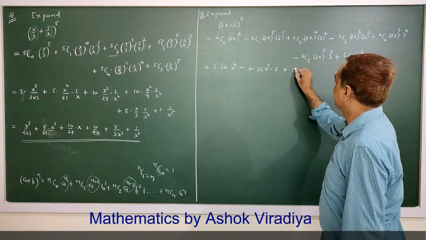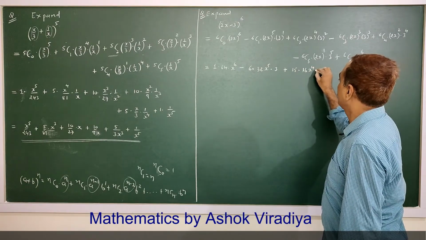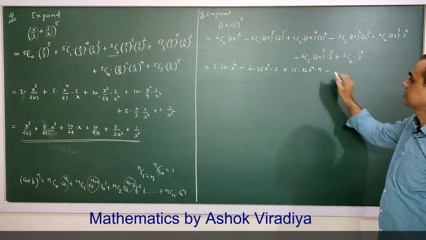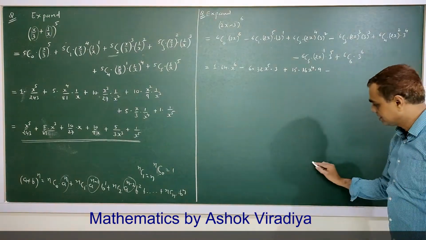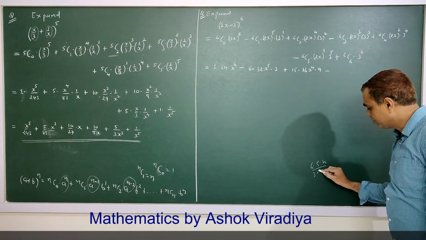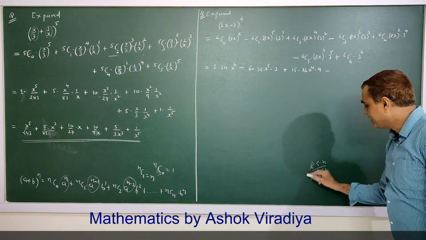This is 15 into 16x raised to 4 into 9, minus 6c3, 6 into 5 into 4 upon 3 into 2 into 1, it is 20.